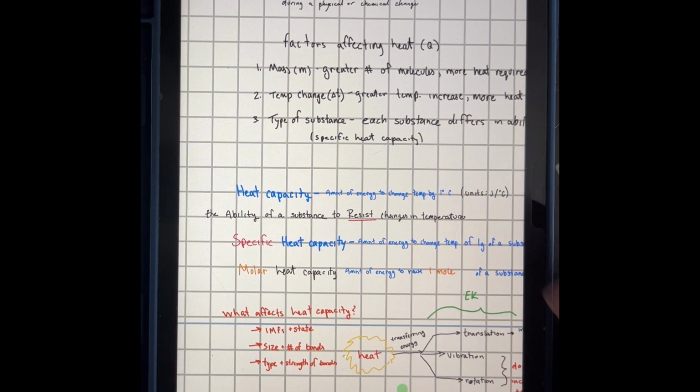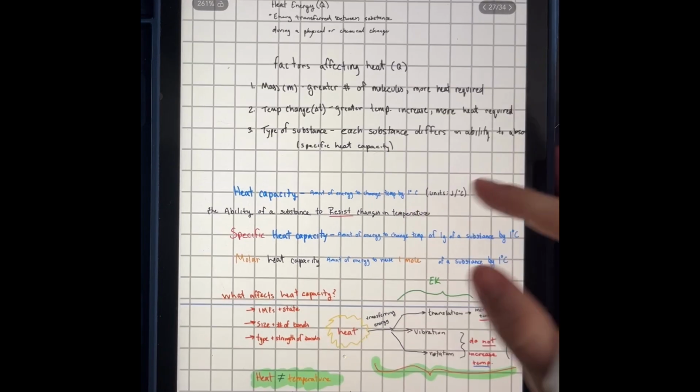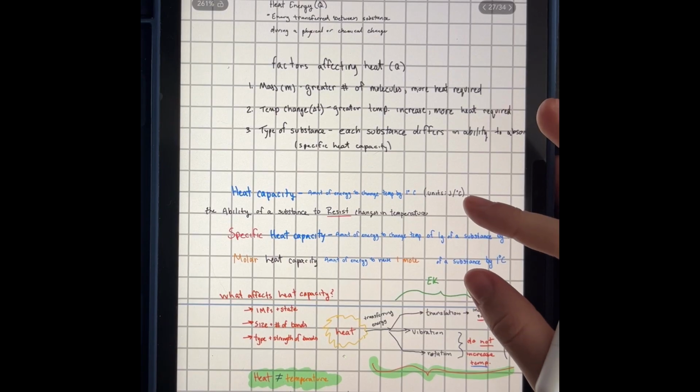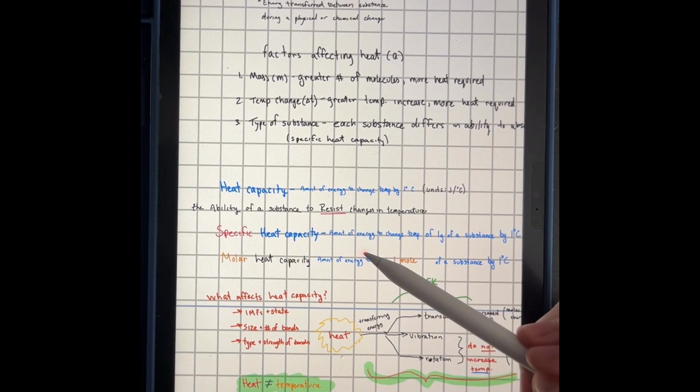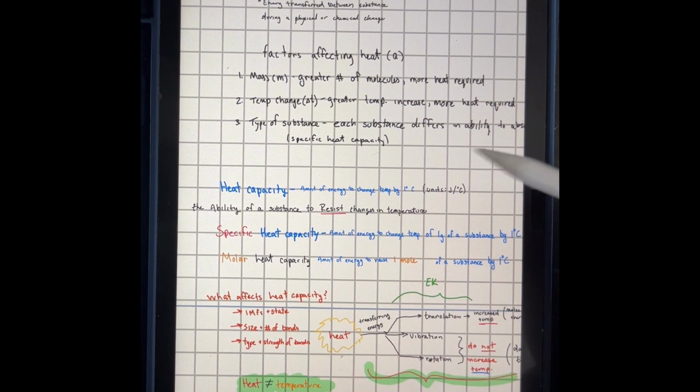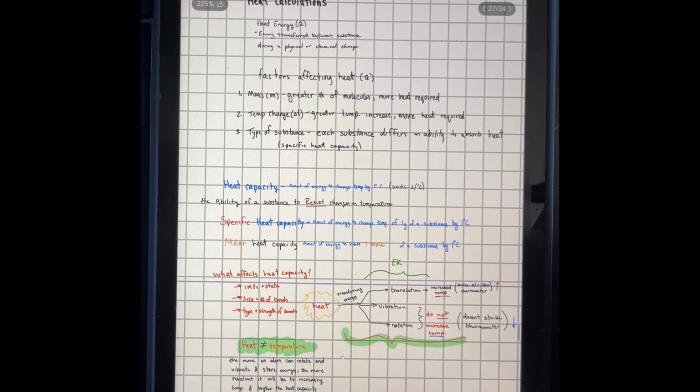So things like metal have a, oh man, is it higher? No, because if you have a higher, things like metal will have a lower heat capacity because, within the molecules themselves, they tend to, okay, hold on. Metal has less.